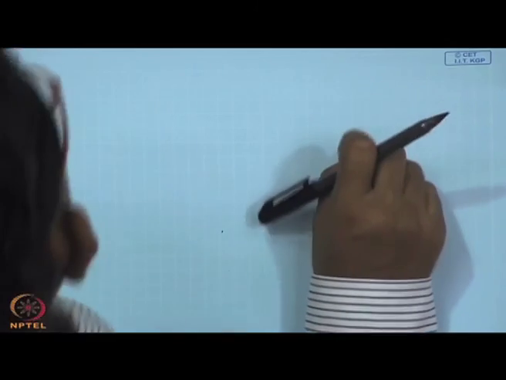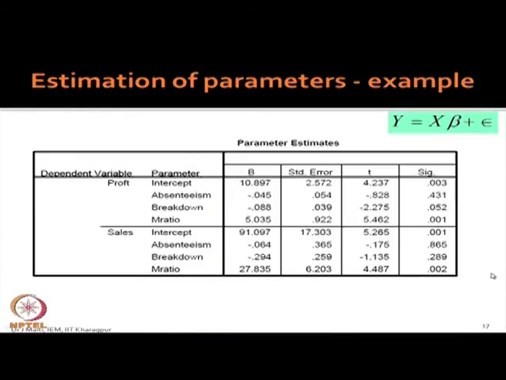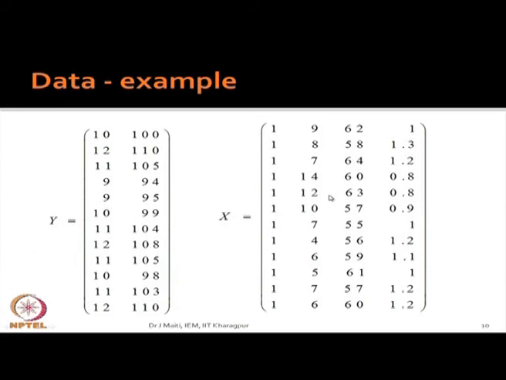So, this one, let us see the result. If you go back, let us go to the data set we initially considered. So, this is the data set: this one is profit, this is your sales volume, this one is the constant term for x0, this is absenteeism, this one is breakdown hours, this is M ratio.